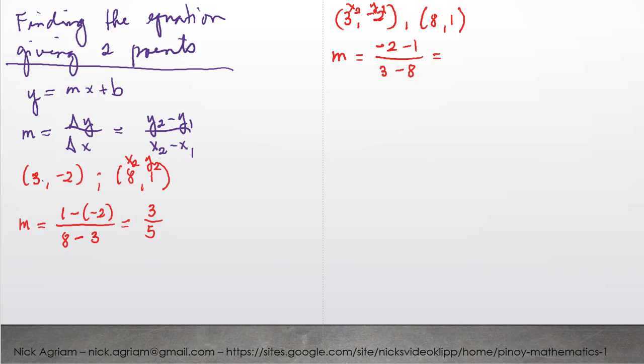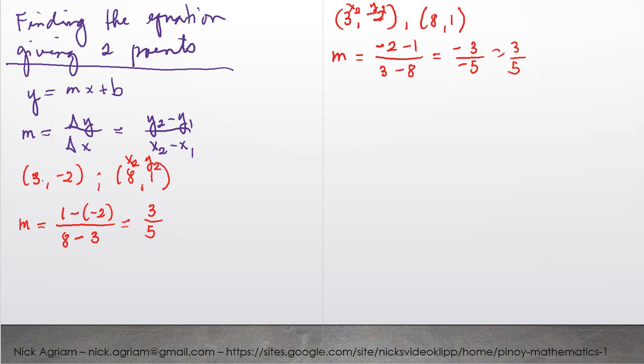Then I have negative 3 divided by negative 5, and I have 3/5. It's the same. So it doesn't matter which point you choose to be your x sub 2 and y sub 2. The most important thing is that if you choose that point, then start with that point all the time. Do not go from one point to another.